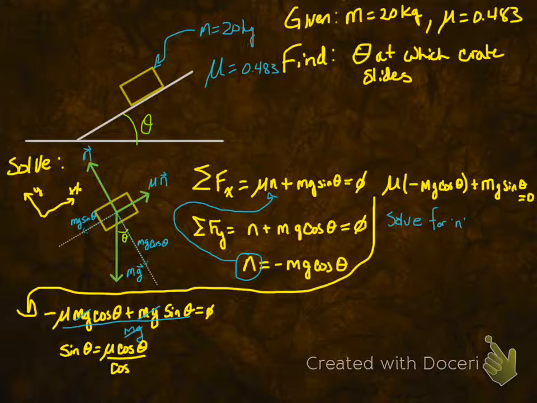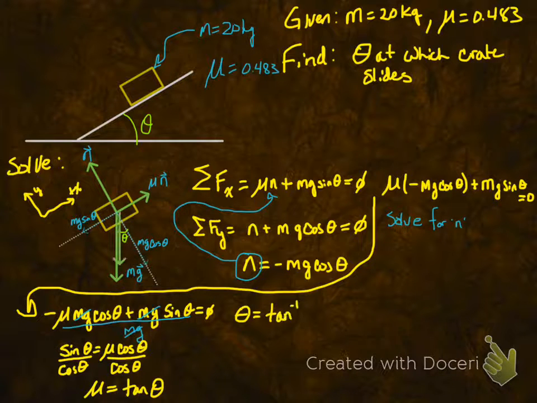If we divide both sides by cosine theta, well, looky, our mu actually just equals tan theta. So theta is going to equal arctan of our coefficient value. So theta is going to equal 25.8 degrees. And that's how we solve. That's an example of how we solve these problems.